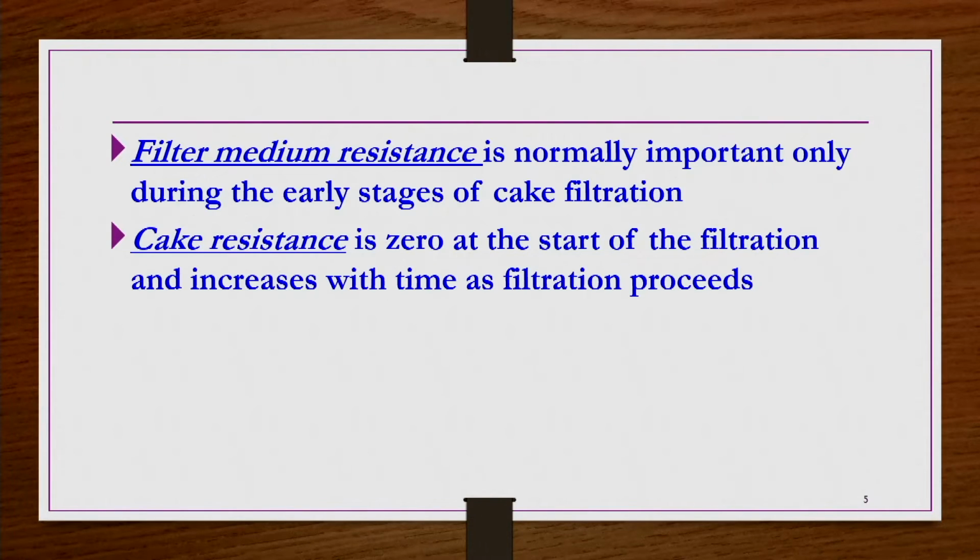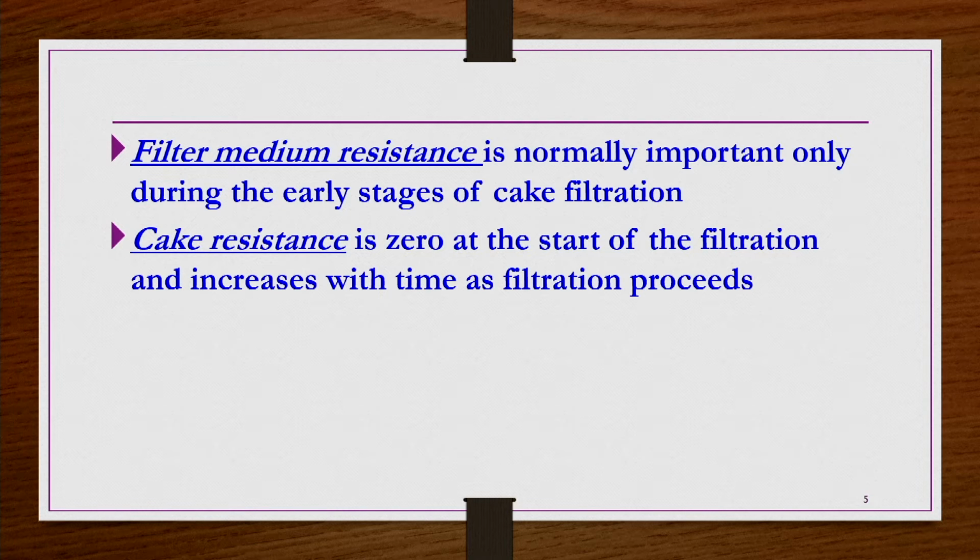So, the filter medium resistance is going to be important only at the early stage of the filtration process, where the cake formation is not there, or there is minimal or negligible cake formation. Under those early stages only, this filter medium resistance is important. Cake resistance is obviously 0 at the start of filtration, because at the start there are no particles depositing on the surface of the filter medium, so there is no cake formation.